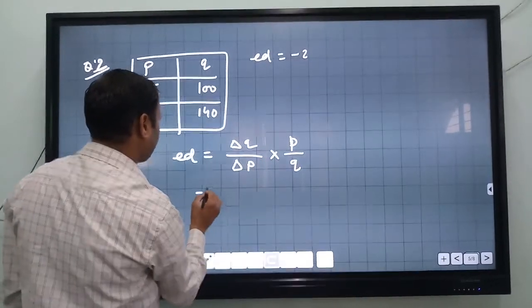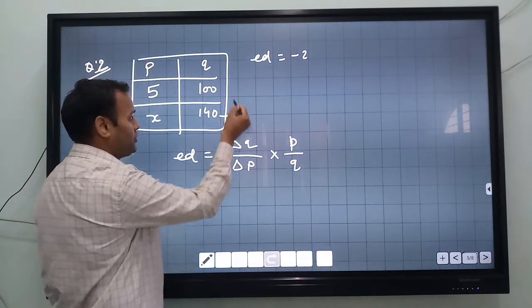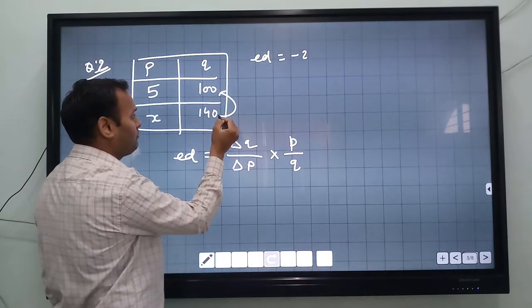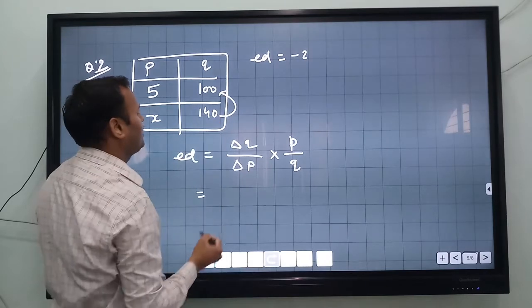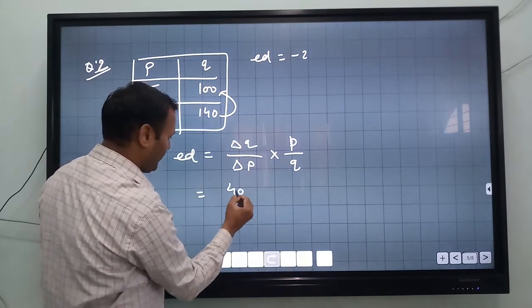What is the value of delta Q? Delta Q is the change: 140 minus 100, that is 40.